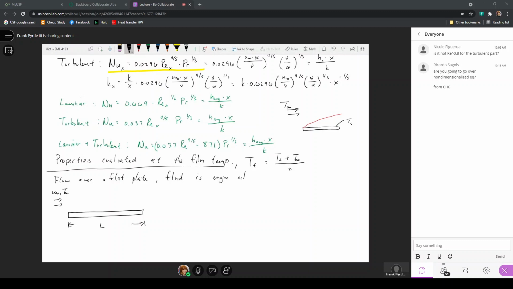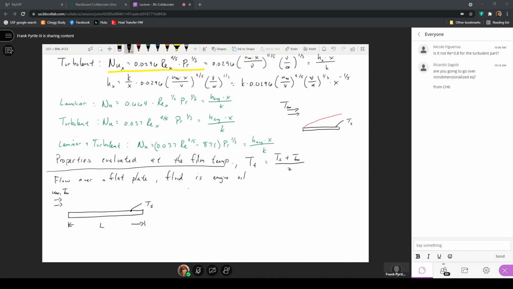So that the plate is going to have definite dimensions associated with it and a surface temperature, so that we can determine some quantities based on the correlations that I just presented here.